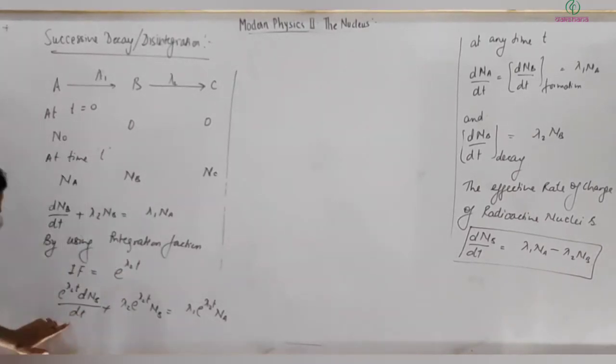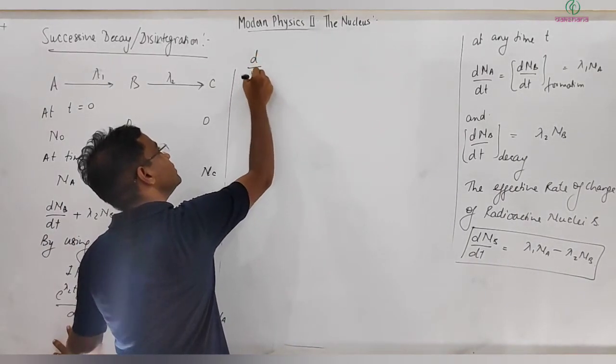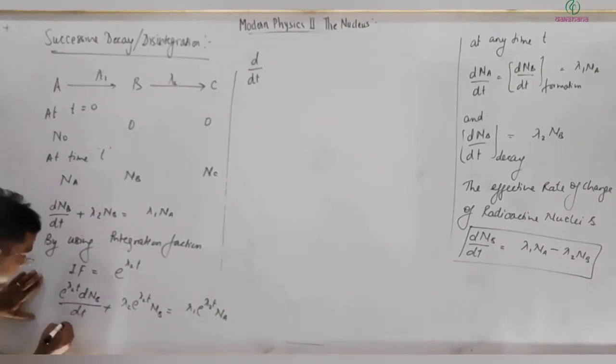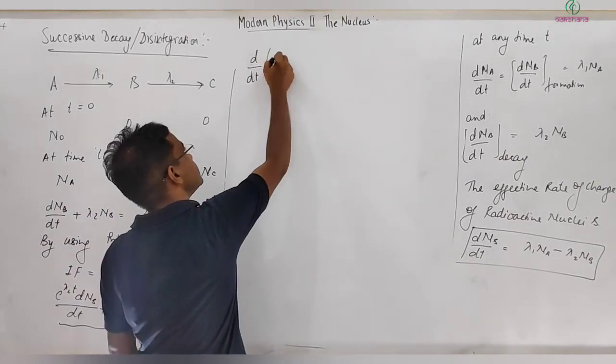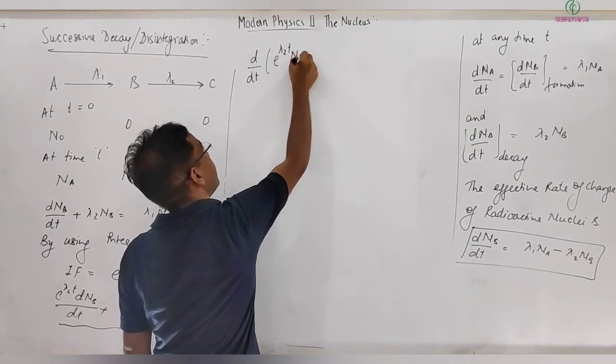Now I can rearrange this a little bit. This can be written as d by dt of e raised to power lambda 2 into t into nB.